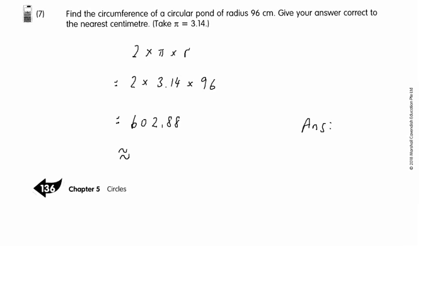Don't be a busybody, the rest of you. Nearest centimeter. Cannot round off, very dangerous already.